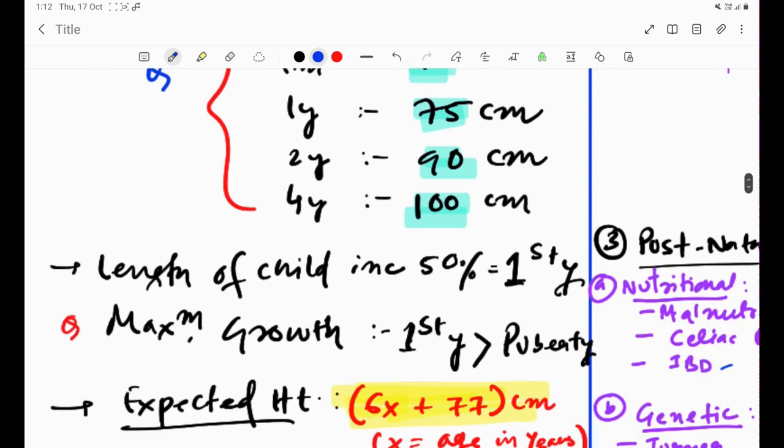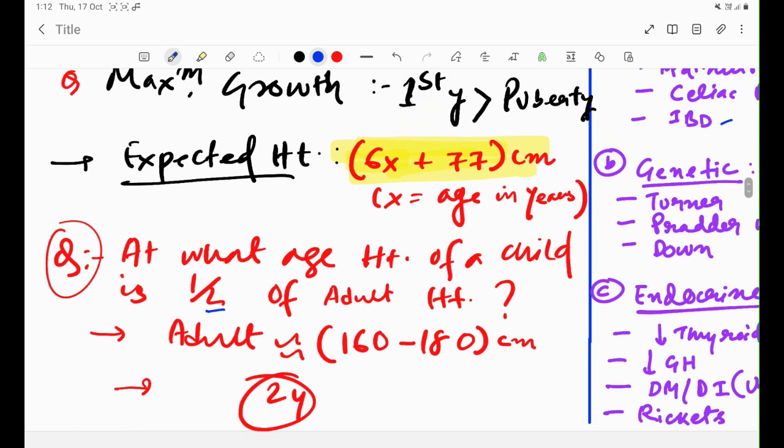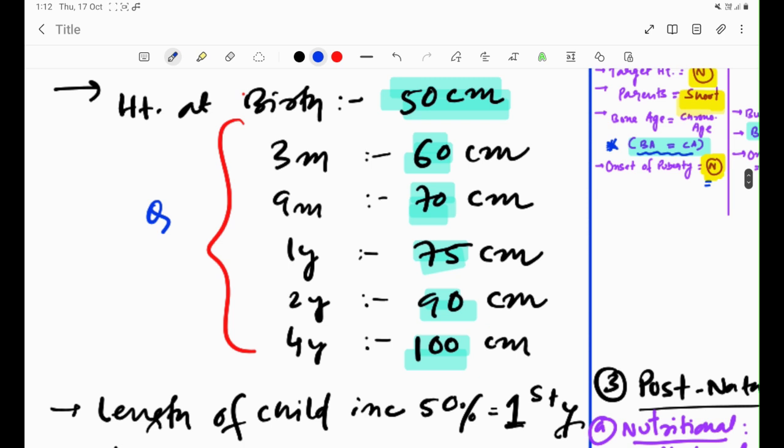Because the question asked, I'll show you one example. This is the question that was asked in INICET a few years ago. At what age height of a child is half of the adult height? If you don't know this chart, you can still solve this question. Adult height is approximately 160 to 180 centimeter on an average.